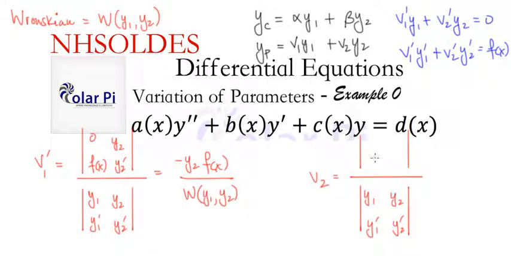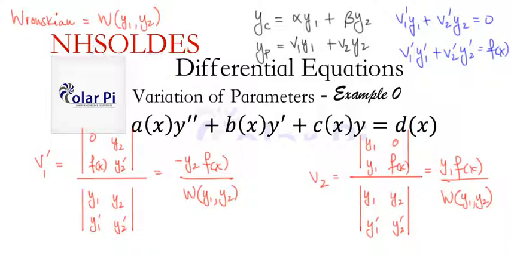And so here for v2, it's going to be y1 prime, and then 0, f of x. So this time we're going to get y1 f of x, minus 0, so nothing, divided by the Wronskian again, so W of y1, y2.